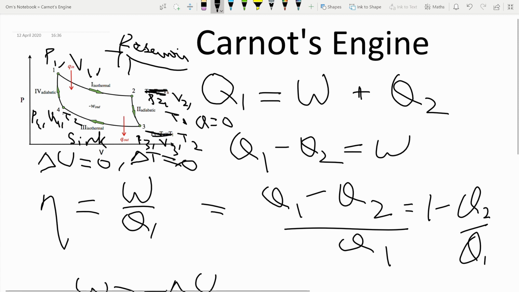So just to recap, it takes in some energy from the surroundings, it undergoes expansion, then it doesn't take in energy, it quickly expands in order to reduce itself to a lower temperature such that it can give out heat at a lower temperature. Because if it gives out heat at a higher temperature, there's not going to be a lot of work done. So what we wanted to do is give out heat at a lower temperature.